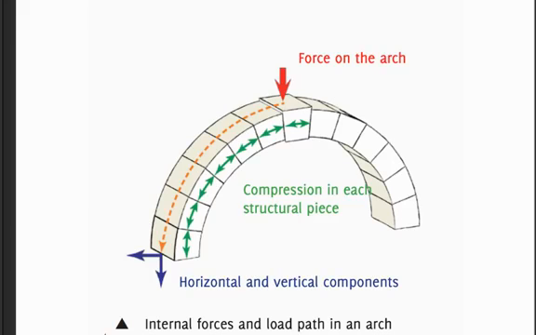So here what happens is that the way these stones are placed against each other, the way they are angled against each other, means that when you put pressure on this, when force is applied from the top, typically that's what happens, that's where the biggest force comes from, because the arch is supporting some other masonry on top of it.